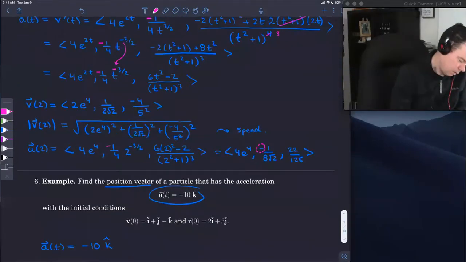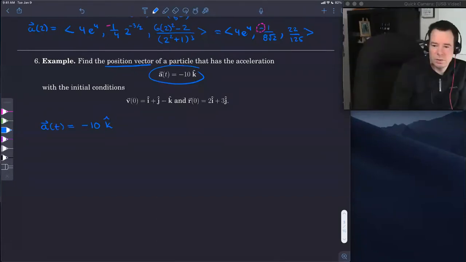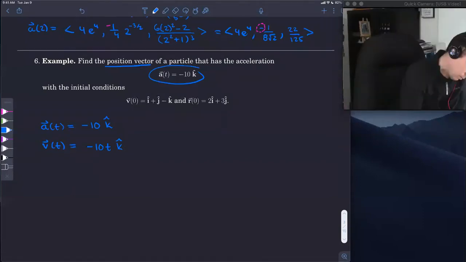All right. So what can we do with this? Well, the idea is we know acceleration is the derivative of the velocity, so we can anti-differentiate to get the velocity vector. So if I anti-differentiate, I get negative 10t k hat. We are anti-differentiating.